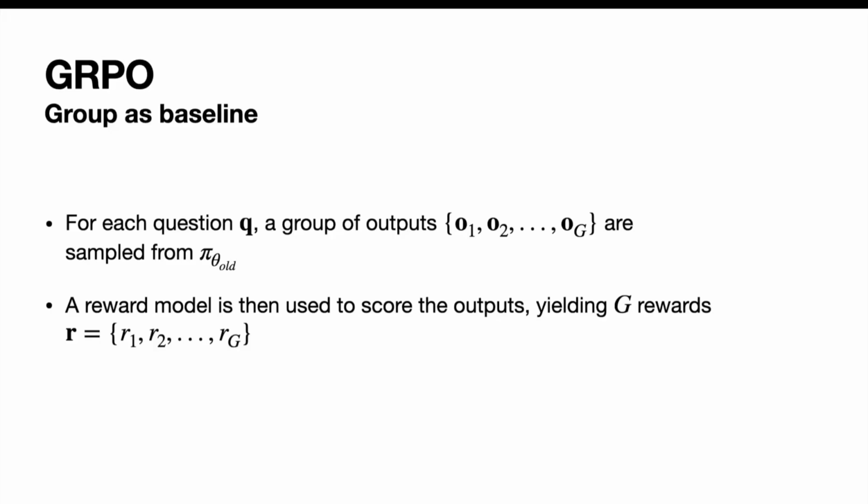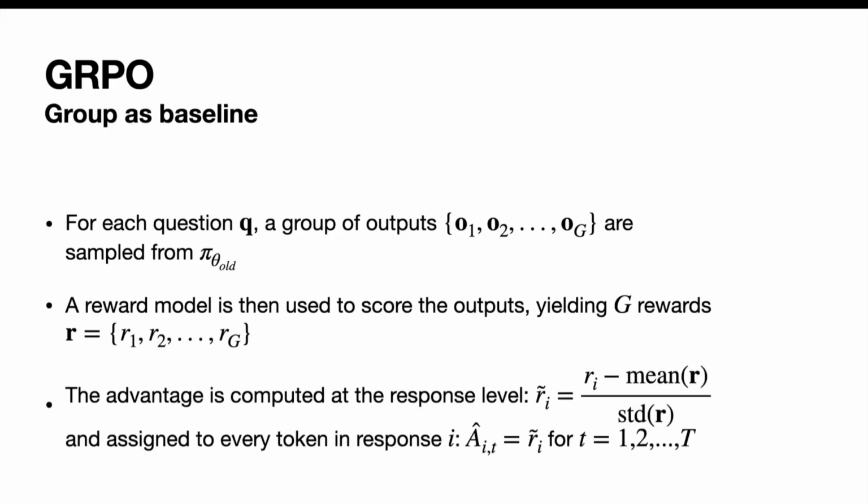Instead of using a value model as the baseline, GRPO uses the rewards within the same group. For each answer i, we compute its normalized reward by subtracting the mean reward of the group and dividing by the standard deviation of the group rewards. This normalized reward becomes the advantage for that answer. Then, we assign the same advantage to every token in that answer.